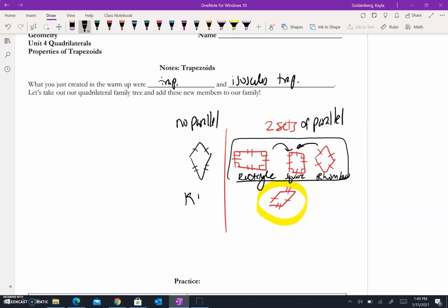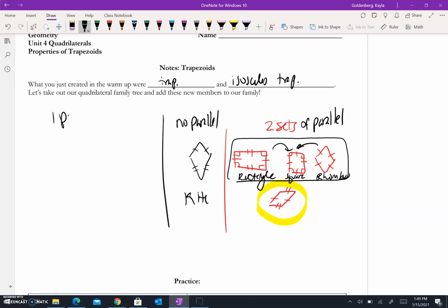That's for our kite. Remember you saw in the exploration that occasionally kites can have parallel lines, because the only thing that has to be true is sides next to each other have to be equal. So remember, a square was a really special type of kite where all sides were equal. Notice sides next to each other are equal, not just across. So occasionally they can have parallel lines, but they don't have to.